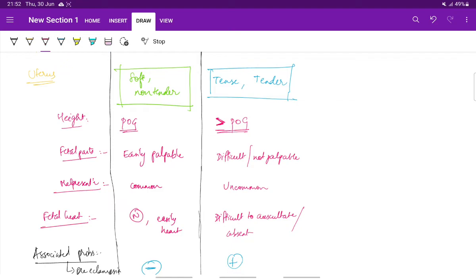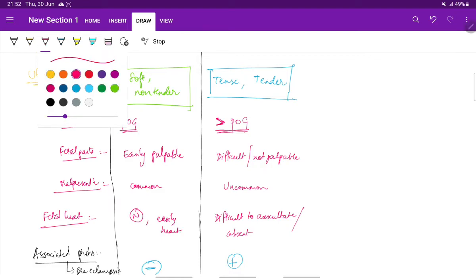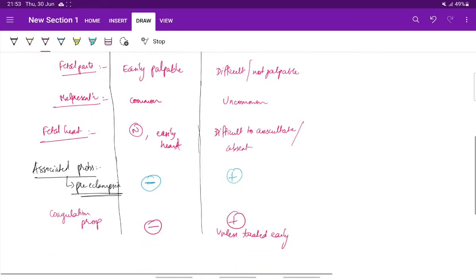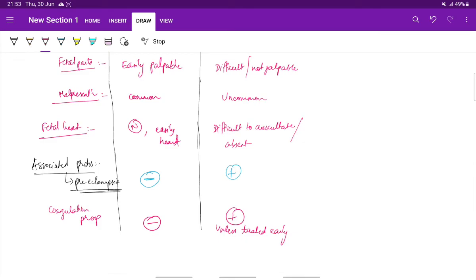The fetal heart rate is normal and can be easily heard in case of placenta previa, whereas it is difficult to auscultate or even absent in case of abruptio placentae. And the associated problems like preeclampsia are more commonly seen with abruptio placentae, and also the coagulation problems, which are not common in placenta previa.